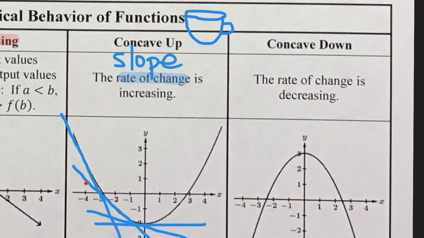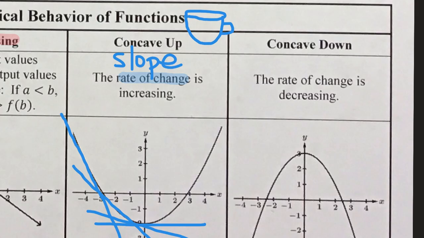And then as you continue on from left to right, the slopes get less and less steep. They're getting closer and closer to 0. And then on the right side, your slopes are increasing. So that means the rate of change is increasing. So not the y values per se, but the slope of the tangent lines. That's why it's rate of change.